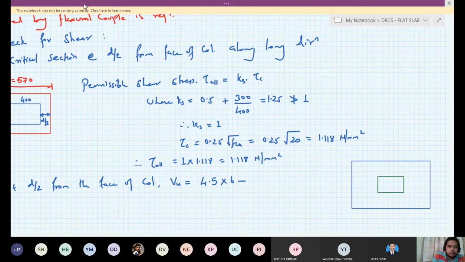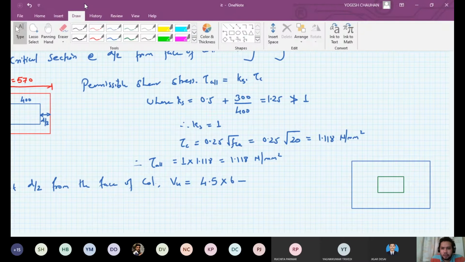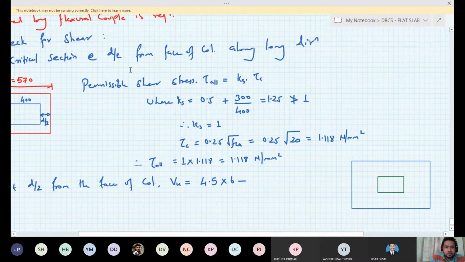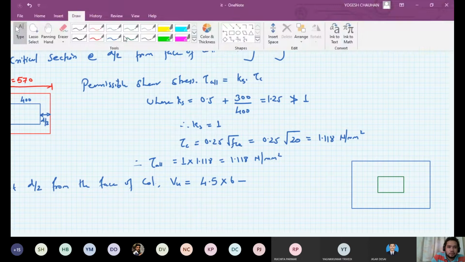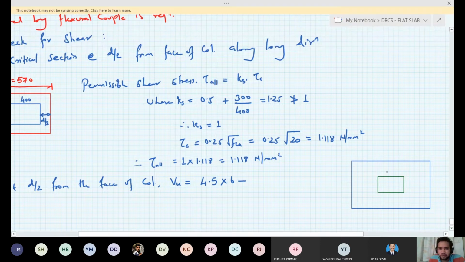So this is 4.5 meter, this is 570, this is 470, and this value is 6000, and this is 4500. So it will be 4.5 by 6 minus 0.47 into 0.57.